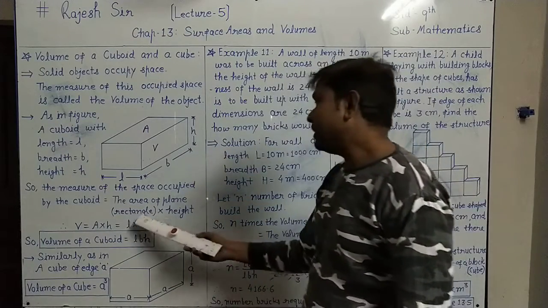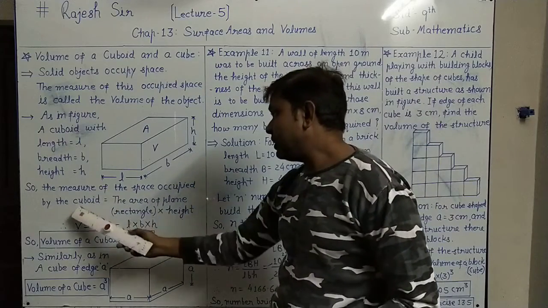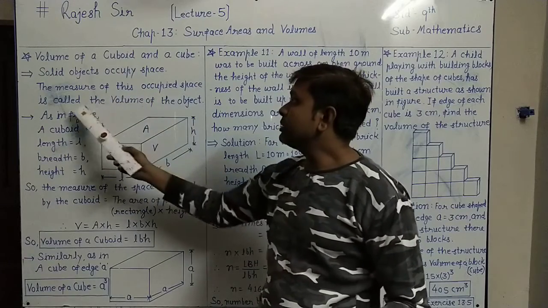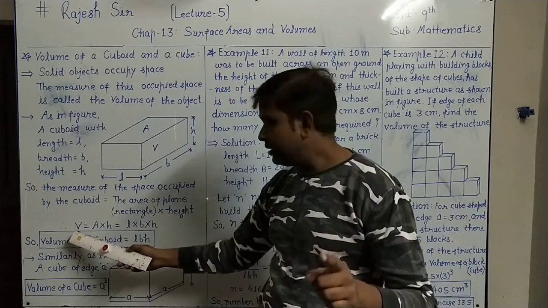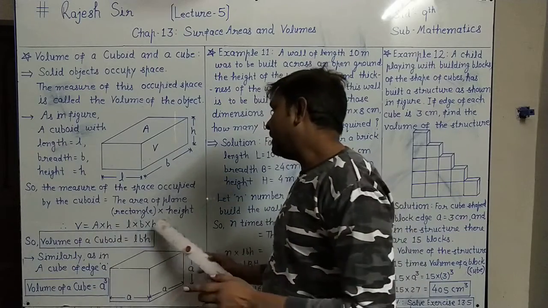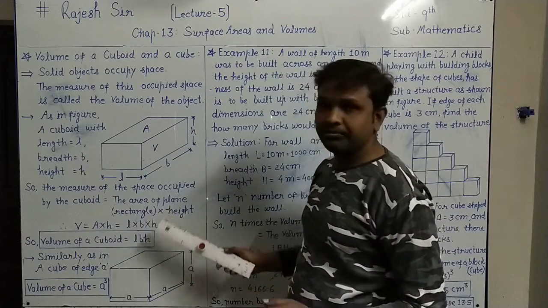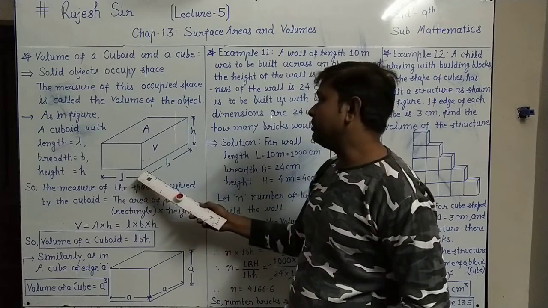The space occupied is called volume. So volume V equals the area of the plane A into height H.